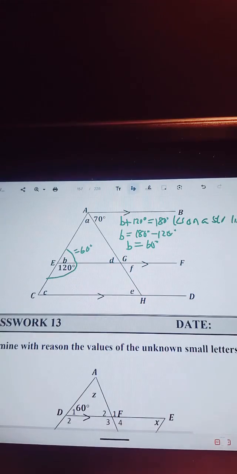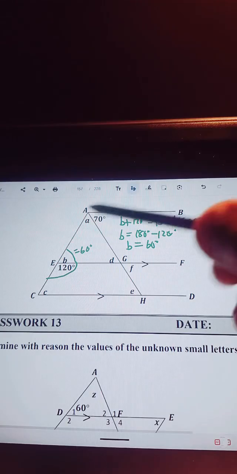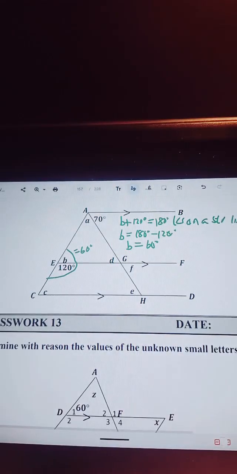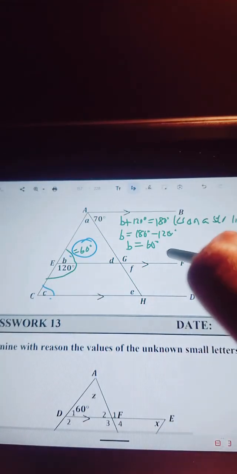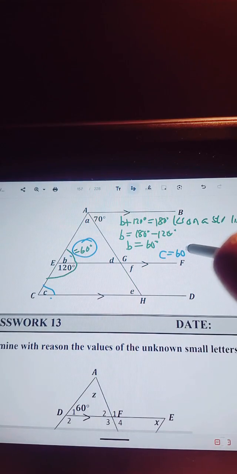That makes perfect sense. Then this B here and that's C, that's top for corresponding. So we could say C is equal to 60 degrees, corresponding angles.